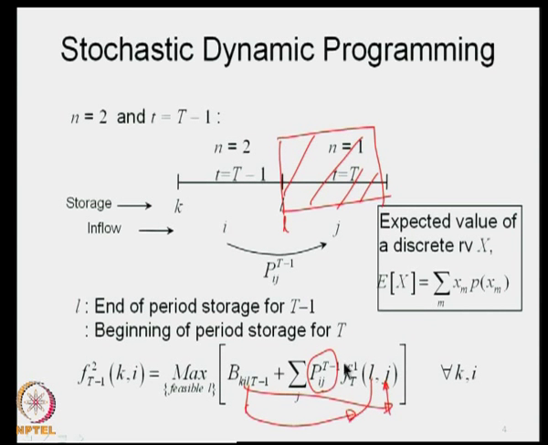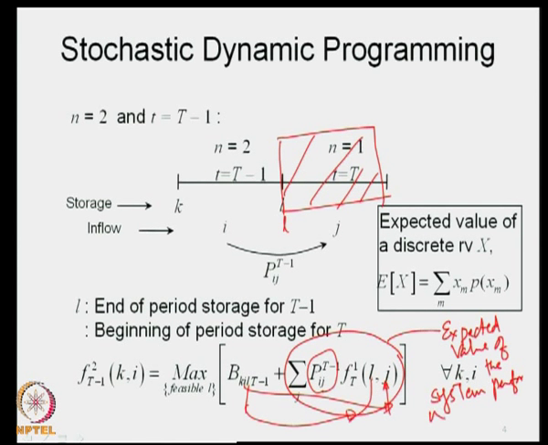So, this becomes the value of the random variable xm, and this is the associated probability, and therefore, this term together gives the expected value of the system performance measure for the time period t minus 1.